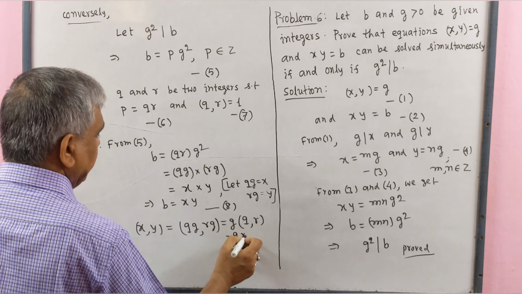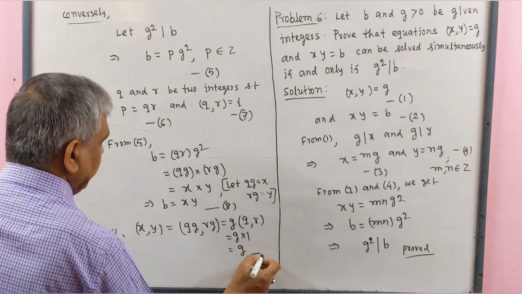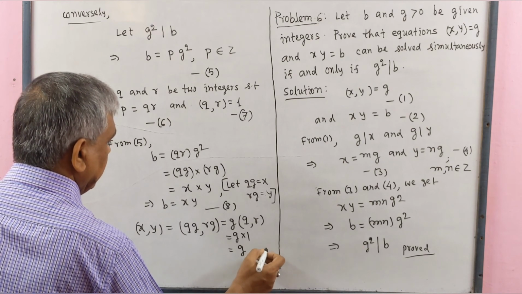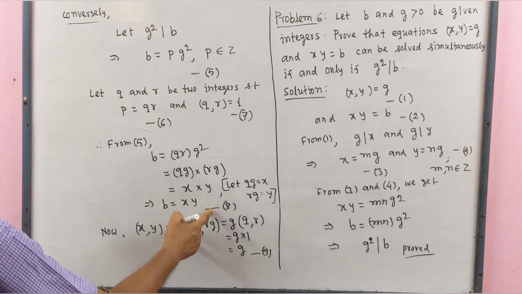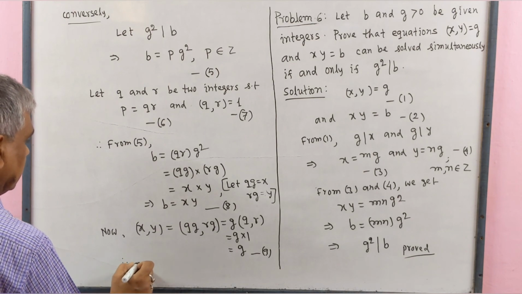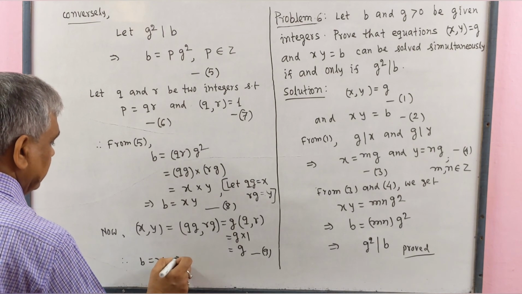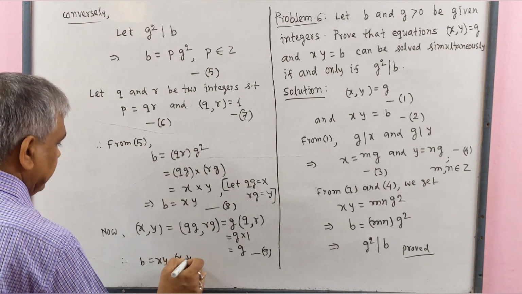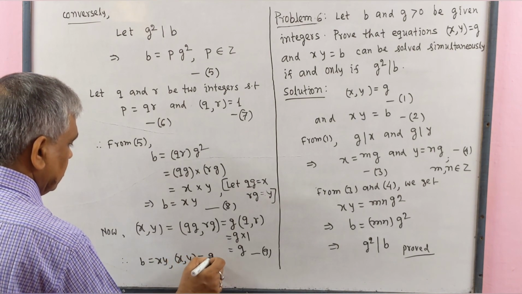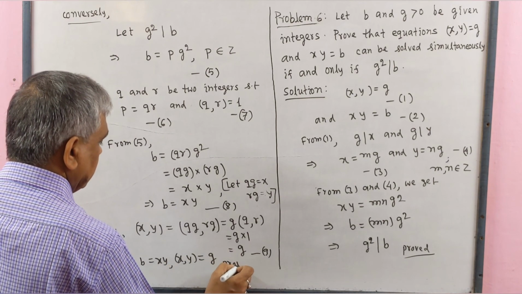This equal to g multiply 1 equal to g. This is number 9. Therefore, from 8 and 9 we get b equal to xy and GCD of x and y equal to g. Proved.